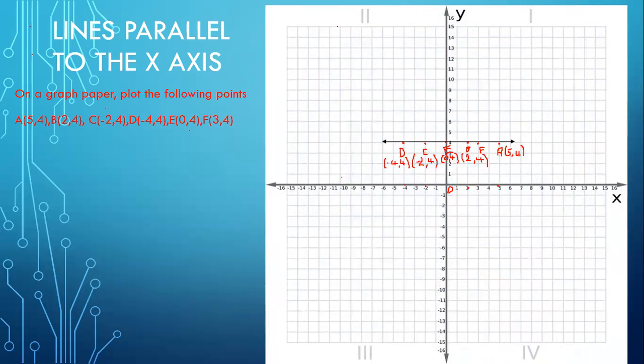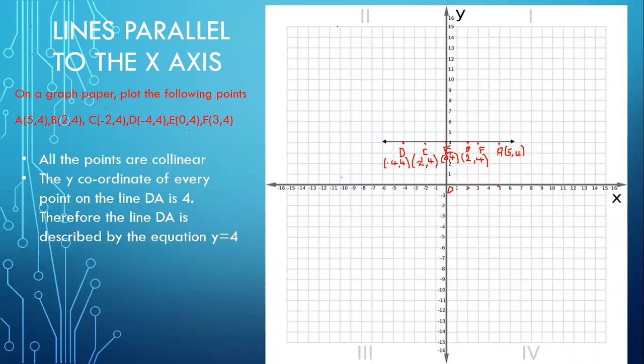See, now you can see all these points are collinear, right? And all the points on this line, what is the name of this line? The name of this line is line DA. So if you see carefully, the y coordinate of every point on the line DA is 4.